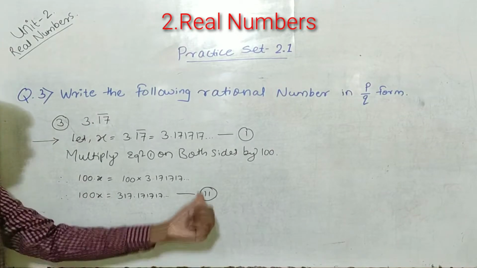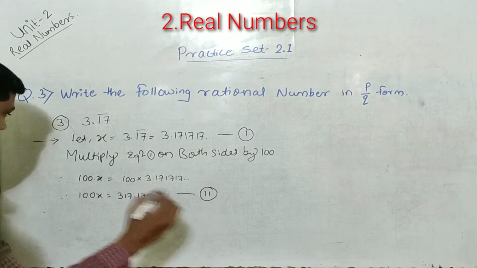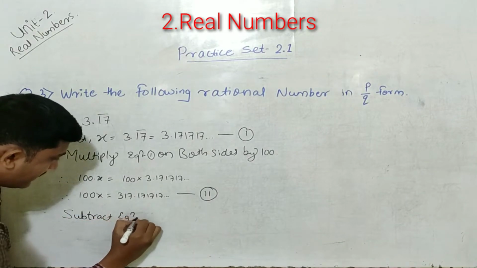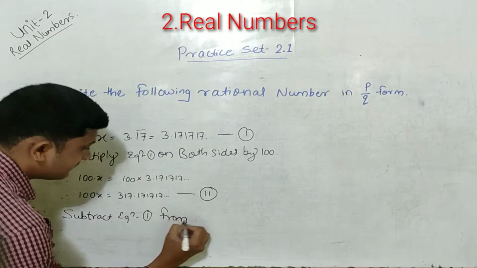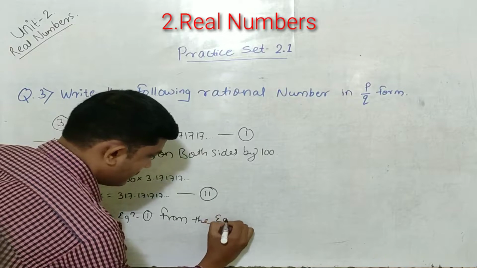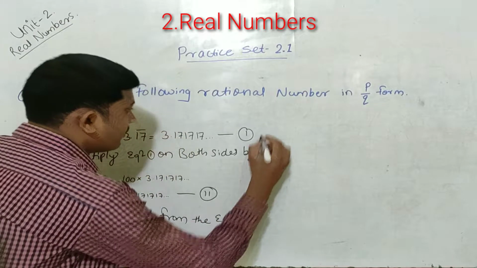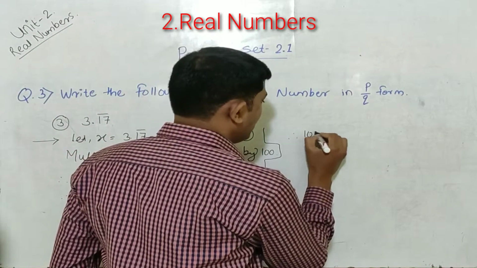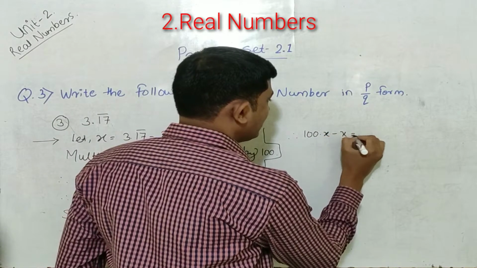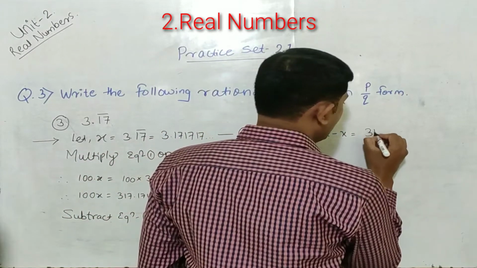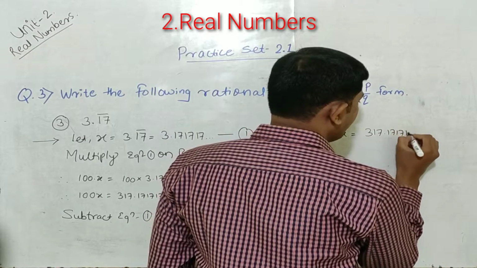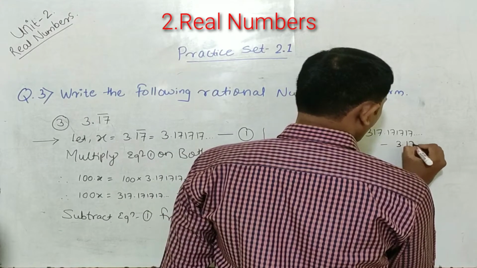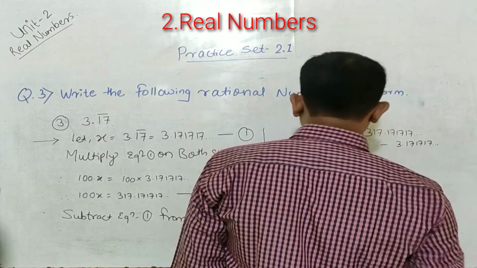Now subtract equation 1 from equation 2. What do we get? 100 times x minus x is equal to 317.171717 dot dot dot minus 3.171717 dot dot dot.